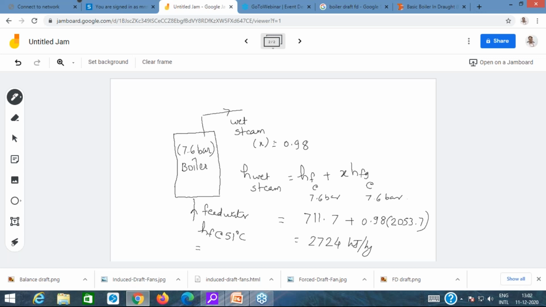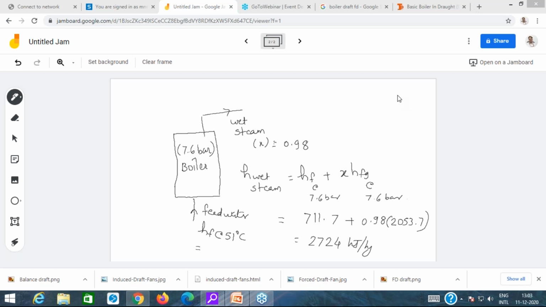Raju, Chaitali, Gargi, Ganesh, Saurabh, Sharvari. Please tell me the value of HF at 51.